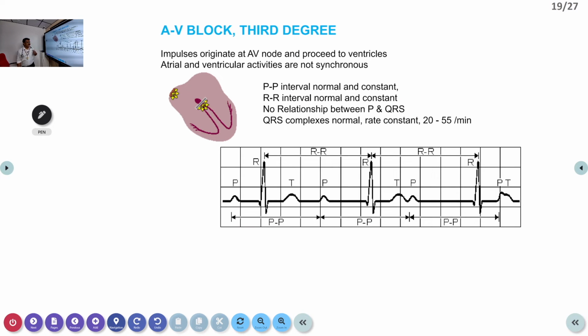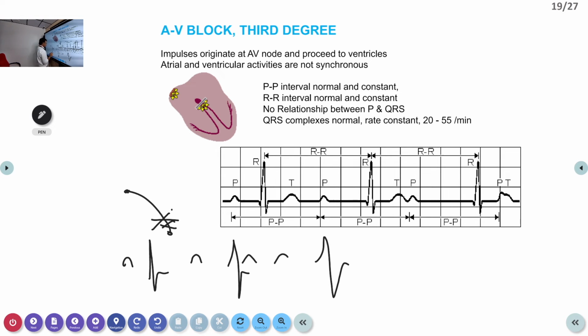Now third degree heart block means SA node to AV node conduction, you should remember P wave comes regularly, but due to some reason it is not going to the ventricle. But since the ventricle is not getting any connection at all, the ventricle also starts beating in its own rhythm. Okay, it may be slightly lower than the atrial rhythm.